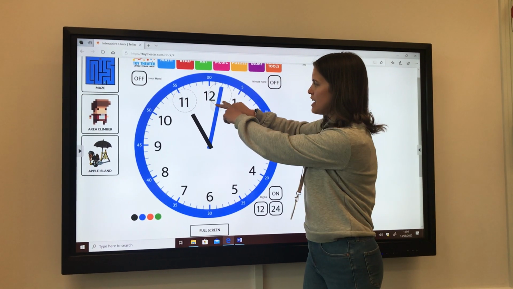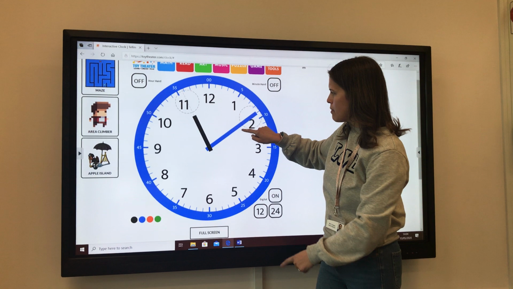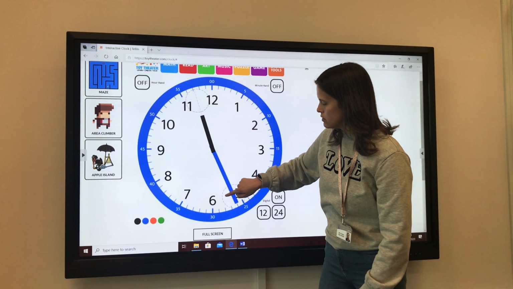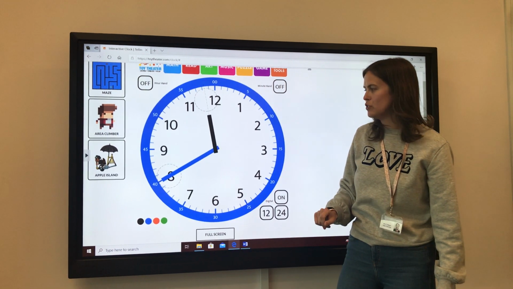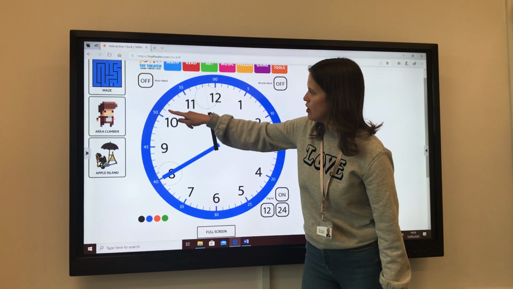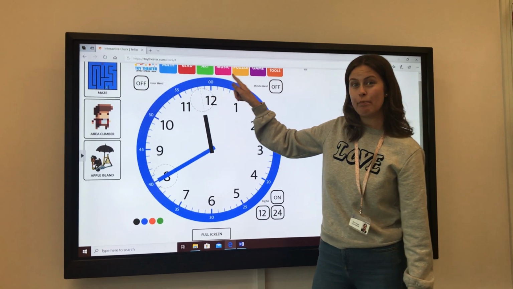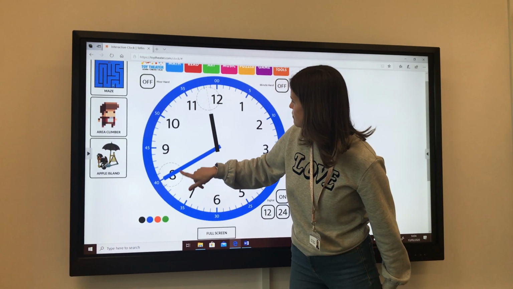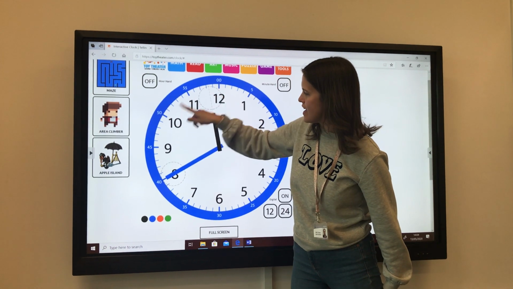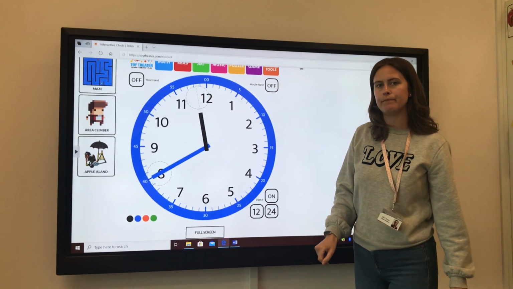So imagine it wasn't 11 o'clock, I've come all the way past, and I'm going to come to this time. Now remember, if you're not sure, how many lots of 5 do I need to get back to that o'clock? Okay, it's coming up to 12 o'clock, but it's not there yet. How many minutes are there?